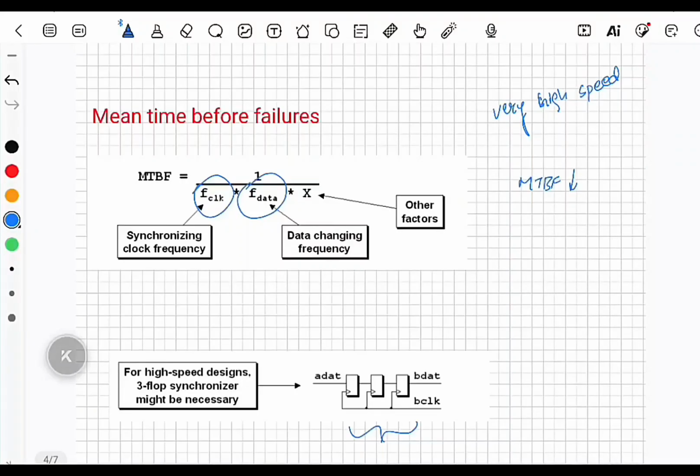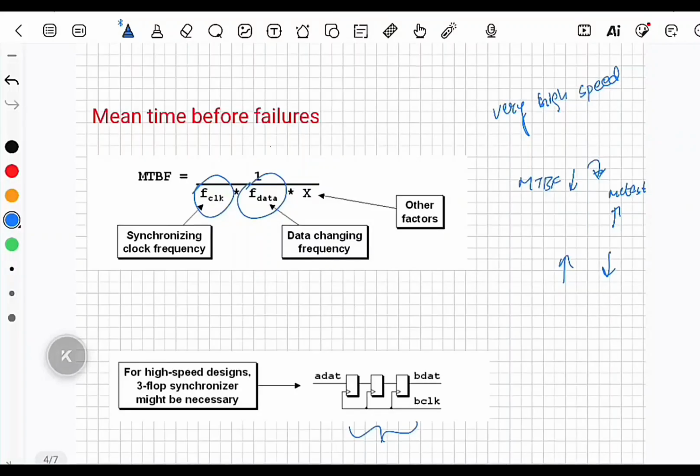So if the mean time before failure is very small, that means your chance of going metastable is high, because it's the inverse. If mean time before failure is high, then the chance of going metastable is low.